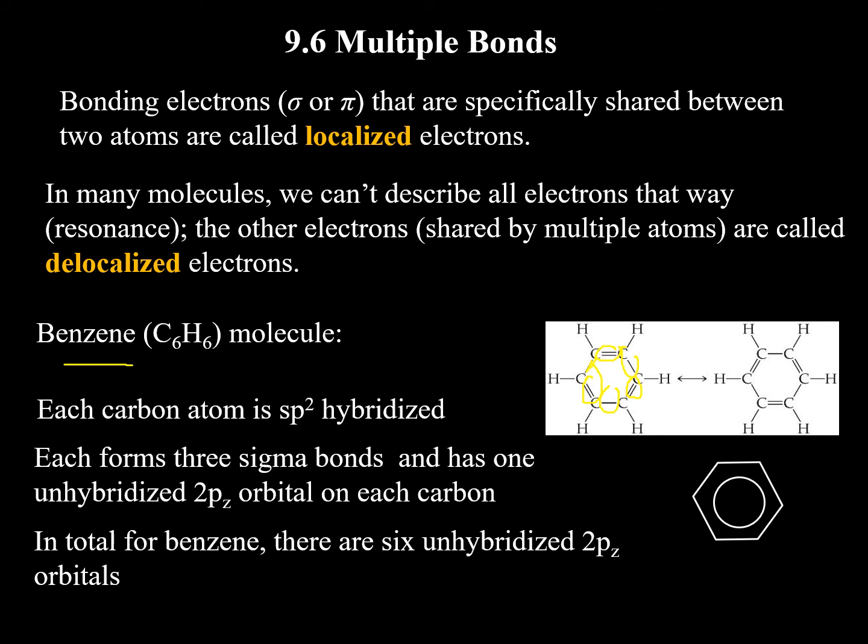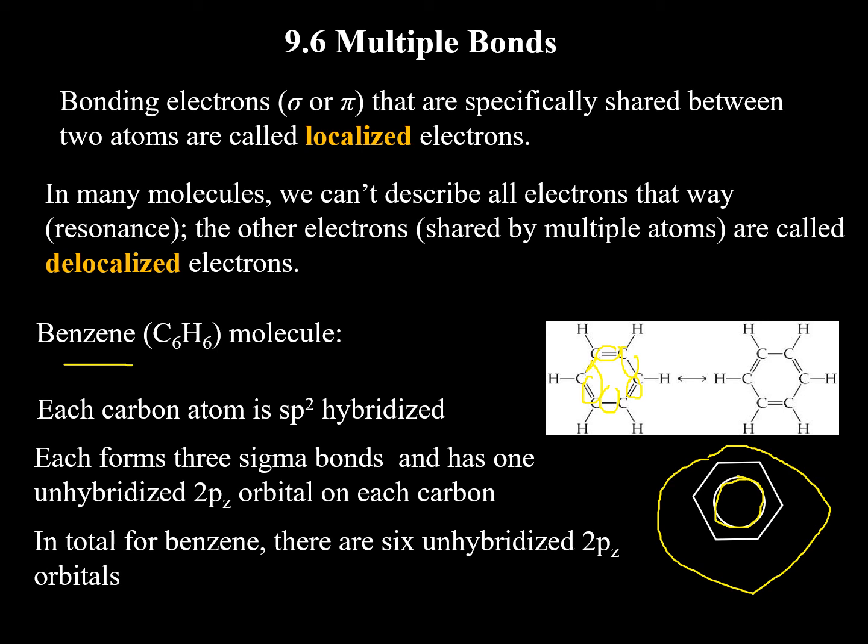One way to write these 2 out in resonance is this structure here. Again, there's 6 carbons. We don't draw the hydrogens in the skeletal format. We just show the carbons, and this circle represents the resonance where the double bonds shift from one carbon to another.